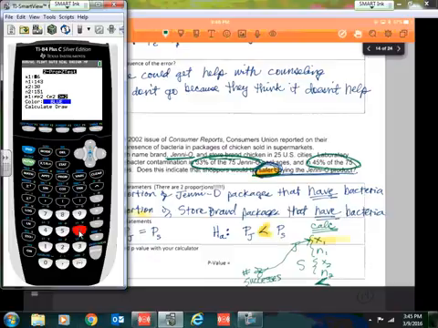So when they tell you that there are 75 Jennie-O packages and 33% of the packages had the bacteria, you cannot put just 0.33 here. It's 33% of the 75 packages. And so then you have to calculate what that is. So what I like to do on my calculator is go right here actually to the x1 and go 0.33 times 75.